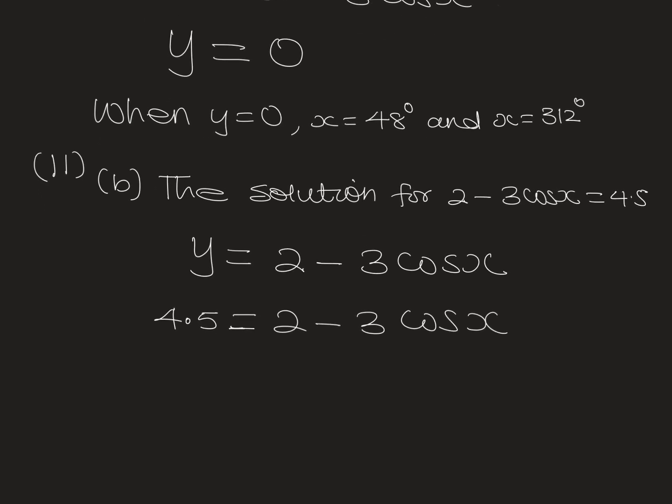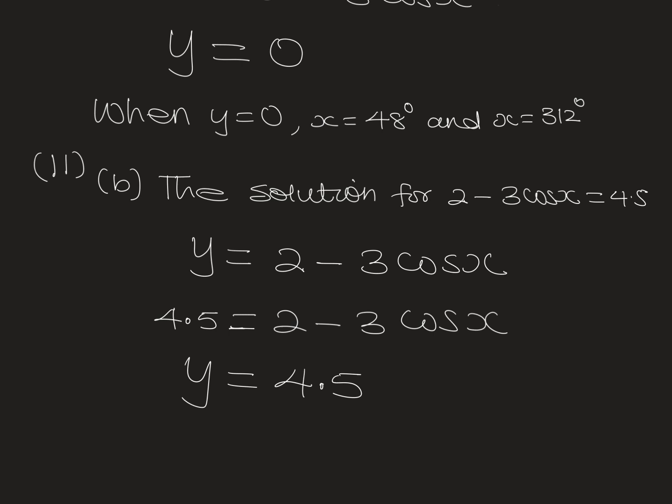So when we do the comparison, we have realized that whatever we have on the right hand side of the equation are the same. So which simply means that we want to find where y is equal to 4.5. So y is equal to 4.5.